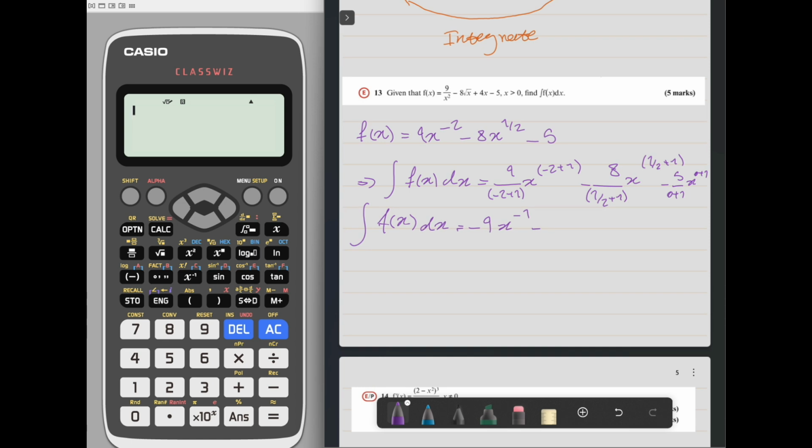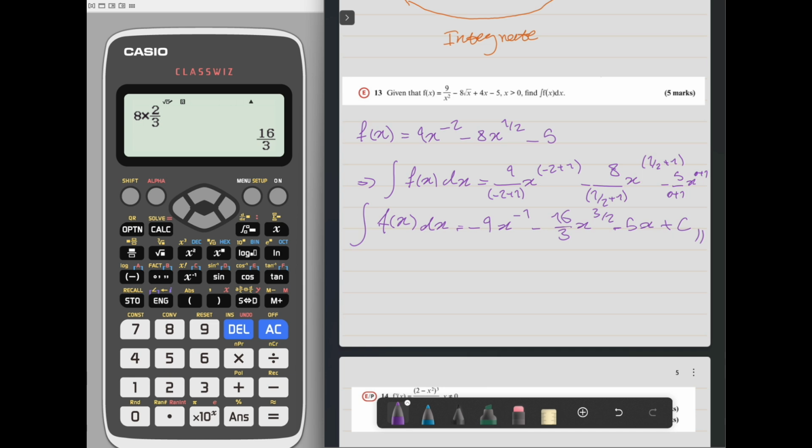Minus, okay, 8 over 3 over 2, right? 1 over 2 plus 1 is going to be 3 over 2, and 8 divided by 3 over 2 is going to be 8 times 2 over 3, which is going to be 16 over 3. 16 over 3 times x to the power of 3 over 2. And then minus 5 over 1, which is going to be minus 5x here, plus c. Do not forget the plus c, guys.